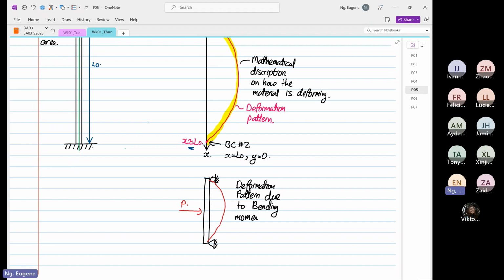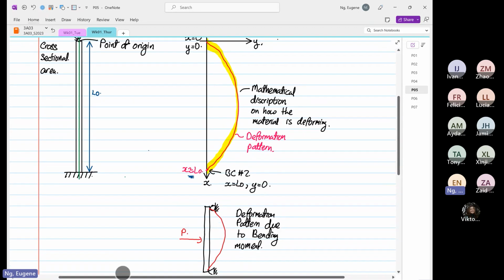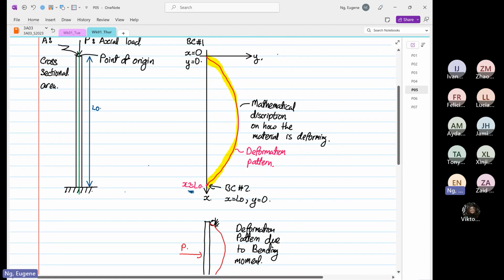There is a deformation due to bending moment, so the deformation pattern is the same. It is similar. Later on we are going to apply the bending moment equations, which I will draw shortly.